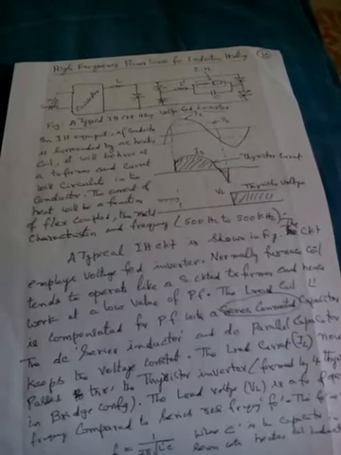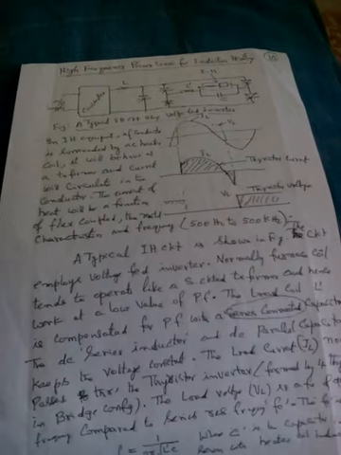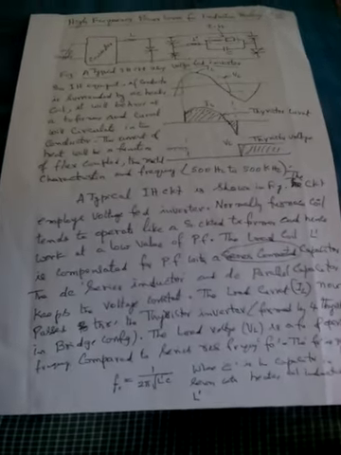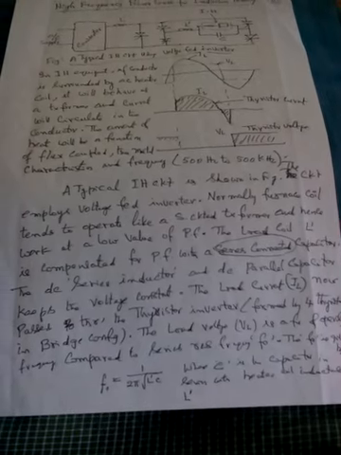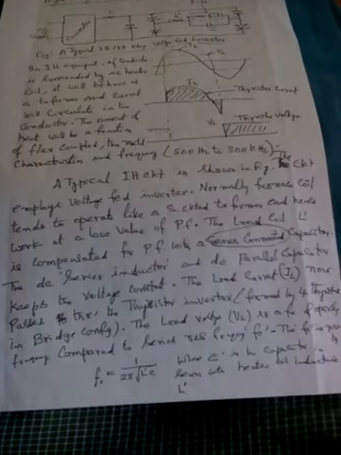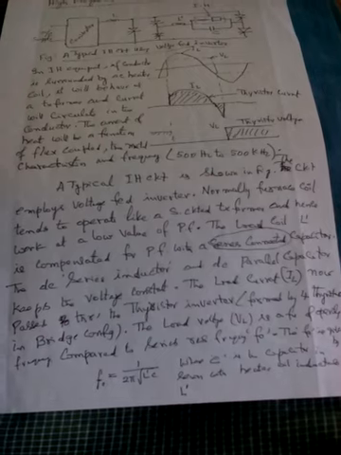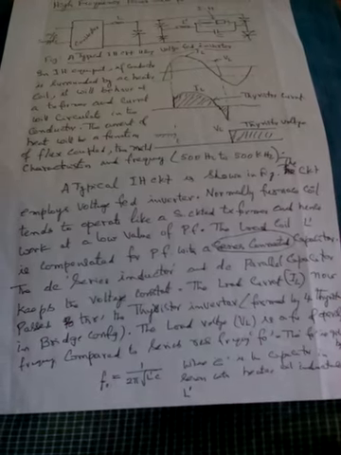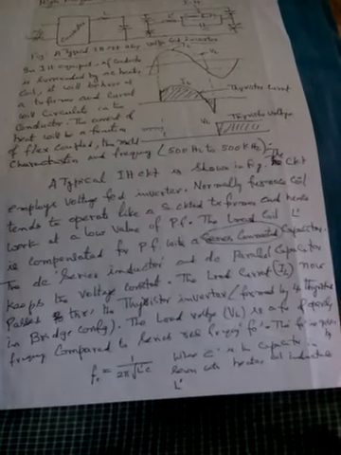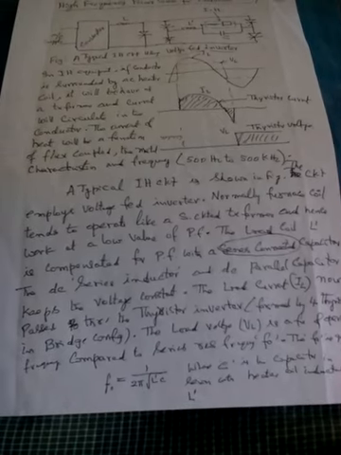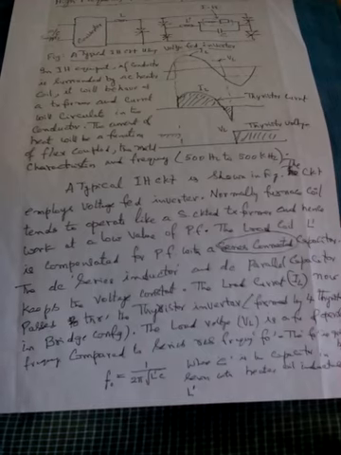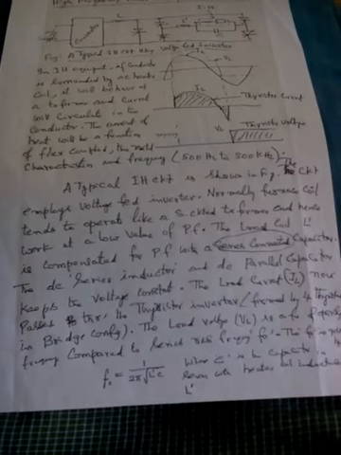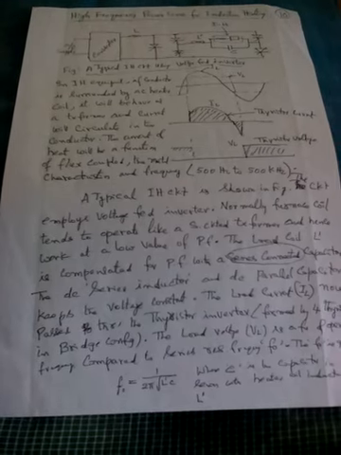The load current IL now passes through the thyristor inverter, formed by 4 thyristors in bridge configuration. The load voltage is a function of operating frequency compared to series resonant frequency F0. The F0 is given by 1 by 2 pi square root of L dash C, where C is the capacitor shown in the heater coil and L dash is of course heater coil.